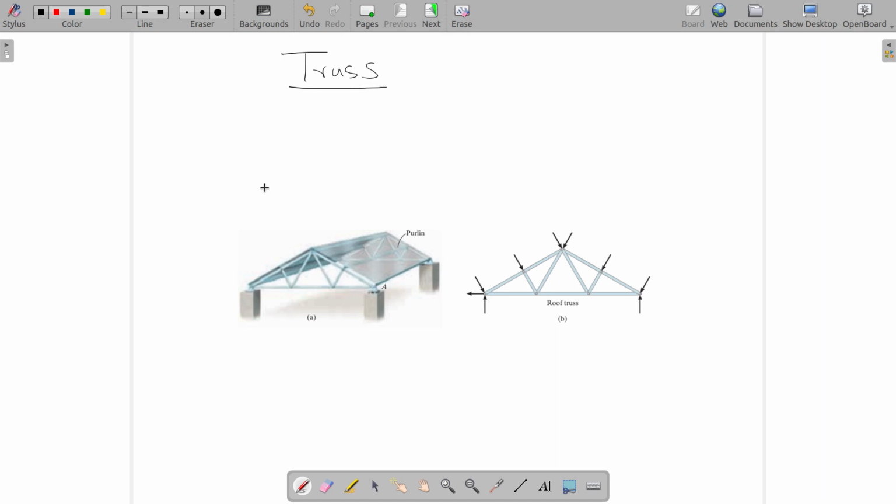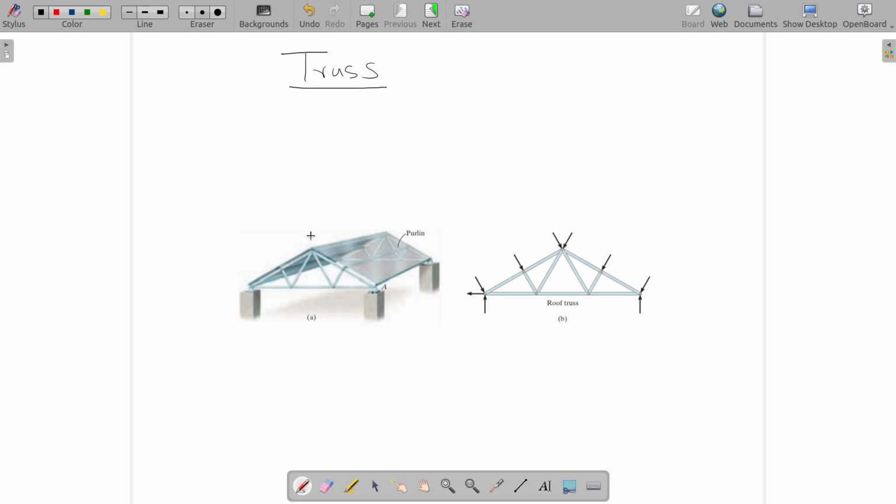So what is a truss? You have seen trusses in many places. A truss is a very common engineering structure. An example is given here.